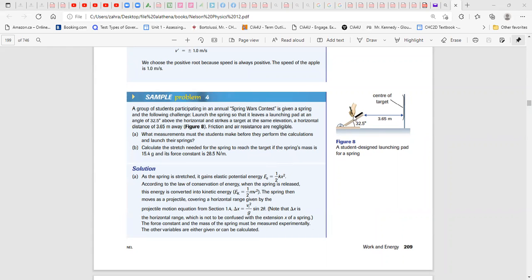When you compress the spring, the energy turns to potential energy, and when you release it, it completely turns to kinetic energy. The range of the projectile motion, the delta x, will be given by that equation.